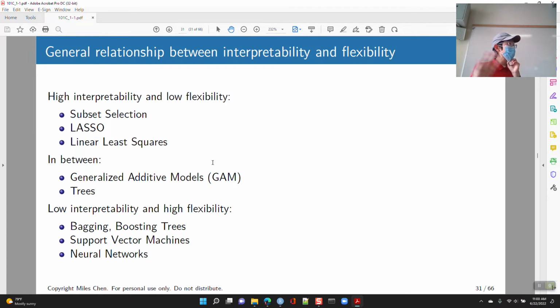That's basically linear regression, but with even fewer variables, right? Okay. We'll look at other methods, generalized additive models, which is basically fitting splines. We'll also see the use of trees, and this gives you more flexibility at maybe a little bit of cost of interpretation.